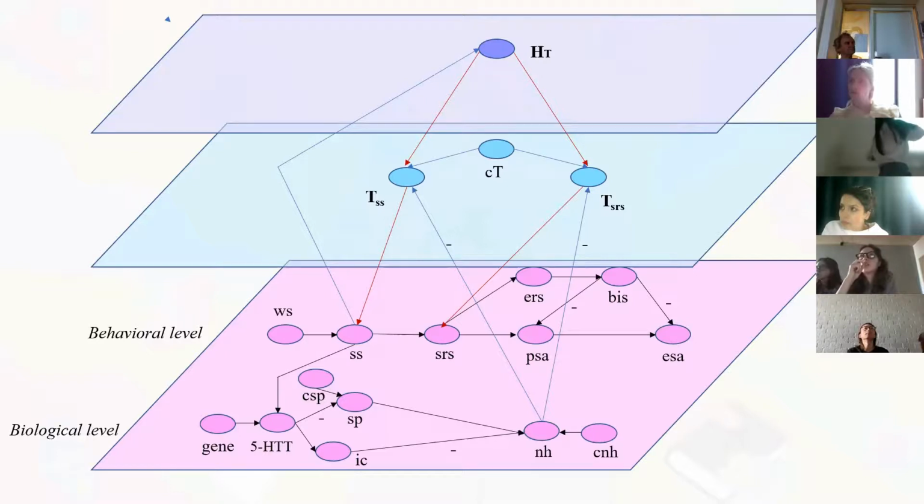I also have a second order variable, which is the speed factor of TSS and TSRS. Based on this model, I can actually simulate two kinds of people. The first kind is highly sensitive people, and the other group is less sensitive people. How do I do this?